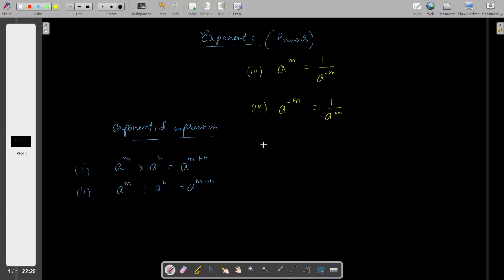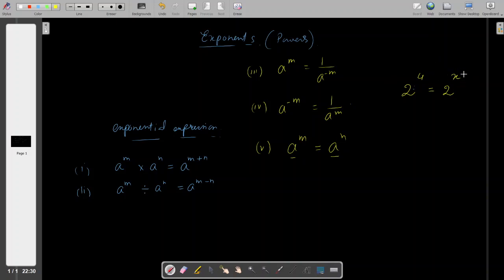If you have a to the power m equals a to the power n, it means the bases are the same. Suppose you get a sum like this: 2 to the power 4 equals 2 to the power something. Let's assume x, the unknown they have asked you to find.